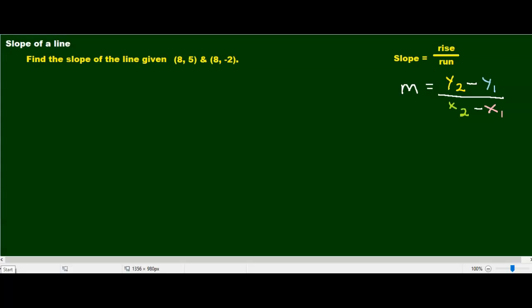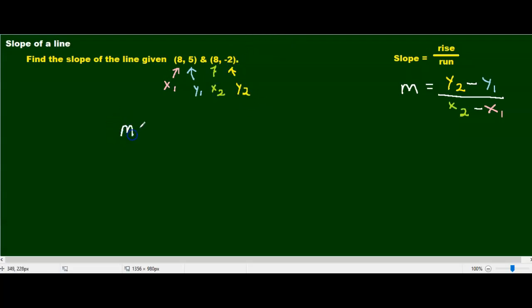Again, let's label our x1, y1, x2, y2. So this is my x1, my 5 is my y1, this 8 is x2, and the -2 is y2.